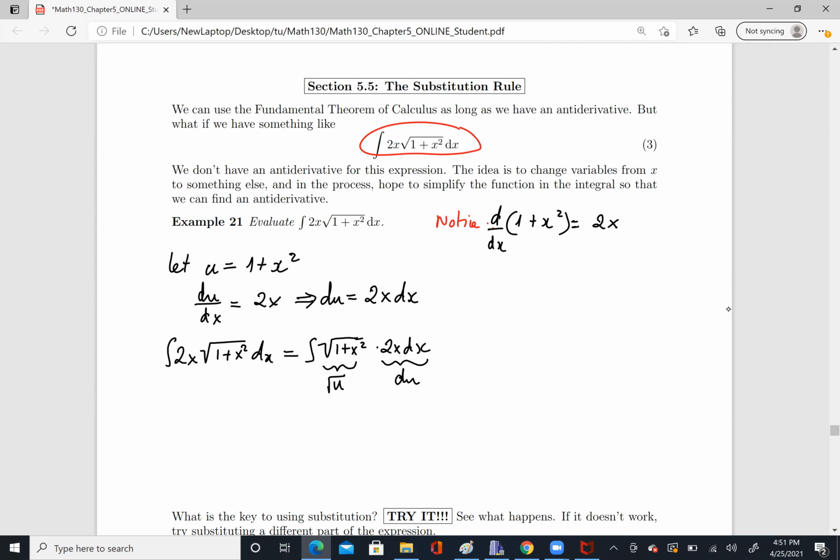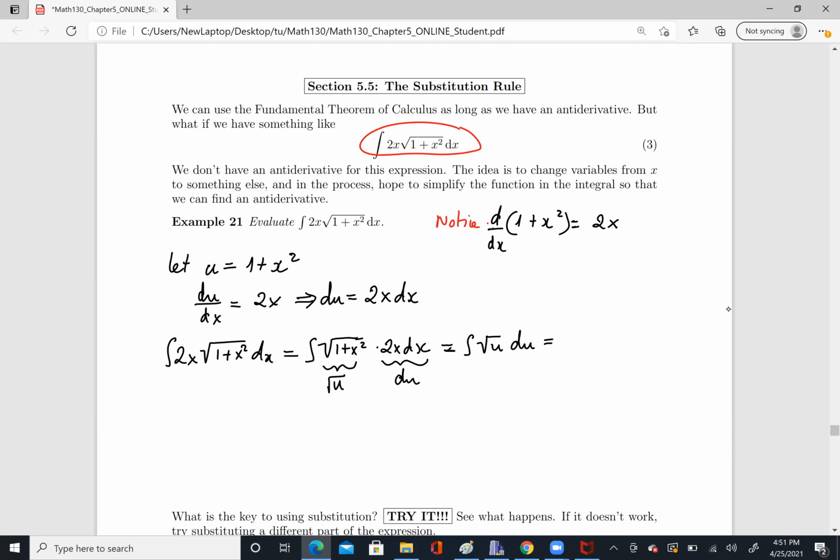So now instead of having an integral of x, now I change to be integral of u. Square root of u du, right?